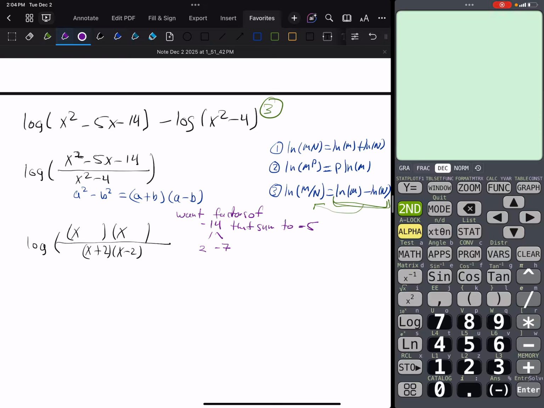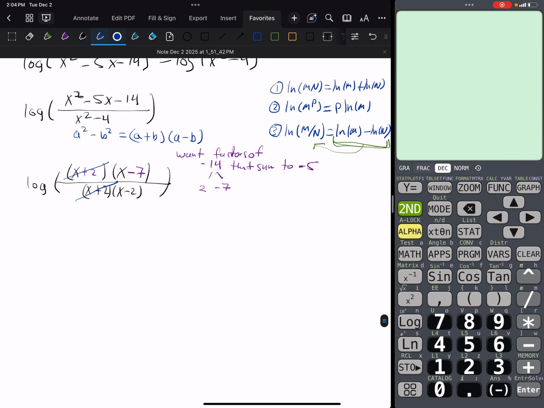And so that's exactly what I'm looking for, a plus 2 and a minus 7 there. And then we notice, after we've got that put together, that I have x plus 2 divided by x plus 2, which is 1. And so I end up with log of x minus 7 divided by x minus 2.